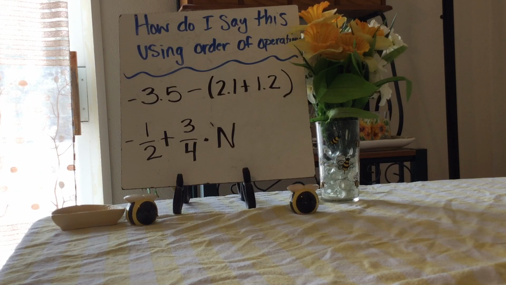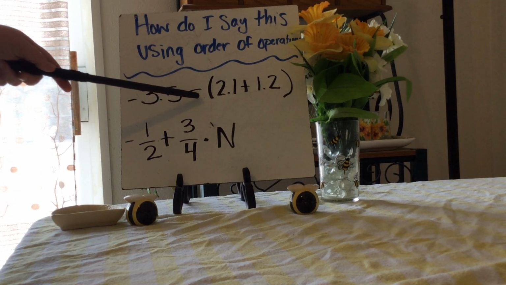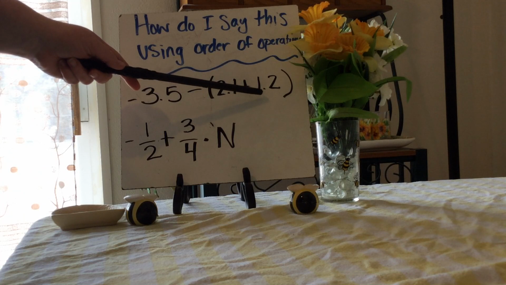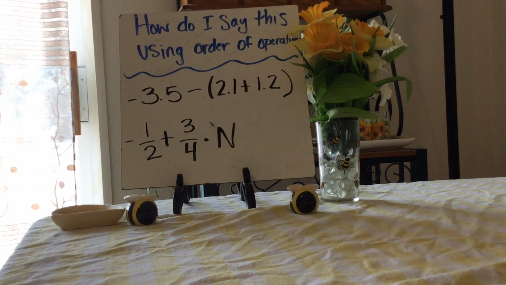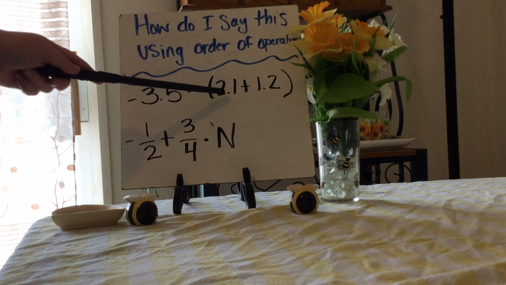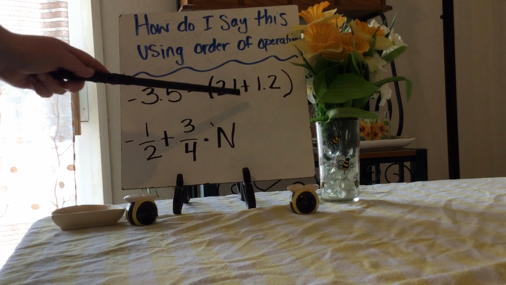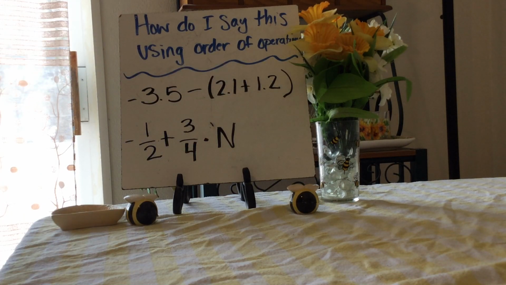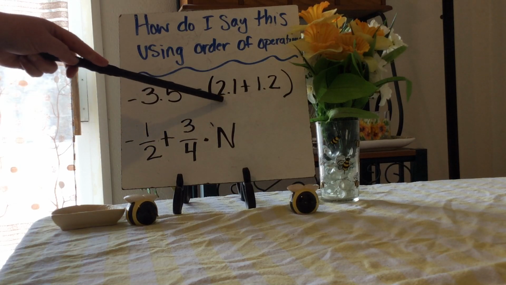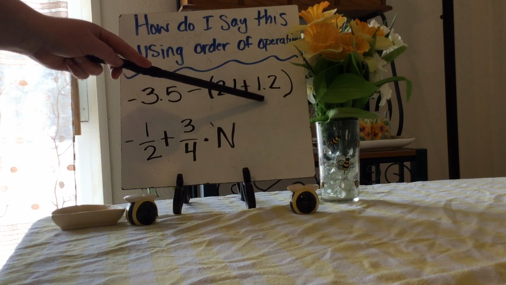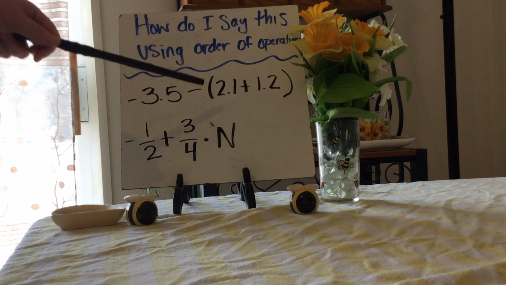If I have 3.5 minus (2.1 plus 1.2), again, what do I solve first? Do I say 3.5 minus 2.1 or do I say 2.1 plus 1.2? If you said we solve 2.1 plus 1.2 first, you're correct because it's in parentheses.